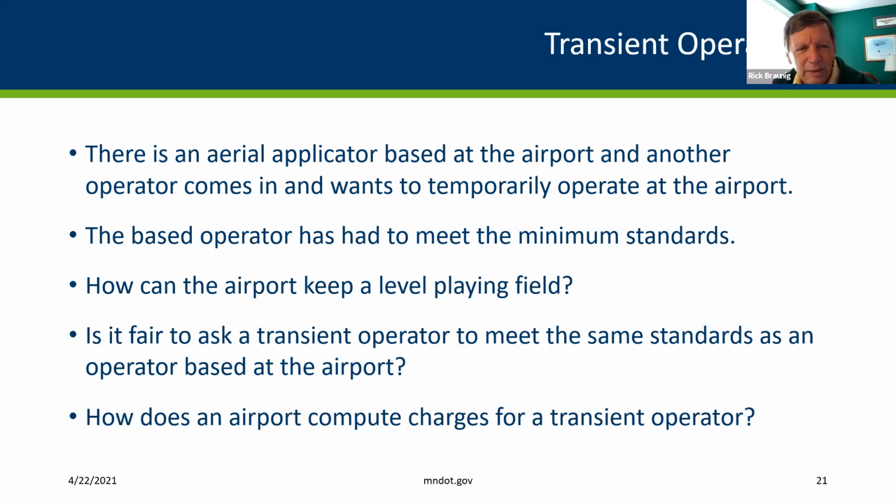So you do want to make sure that when a transient operator comes in, your airport rules, your minimum standards, require them to talk with the airport. Businesses on an airport are a way to generate revenue for the airport. And so you should be charging them something for allowing them the use of the airport as a transient operator.